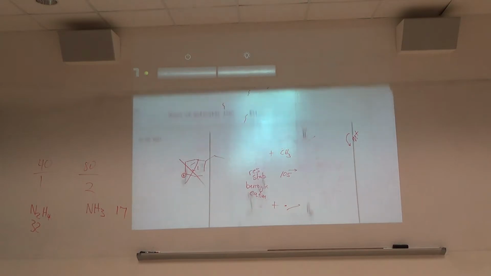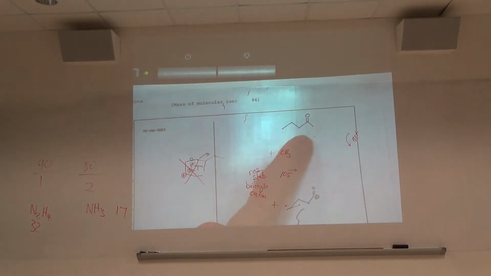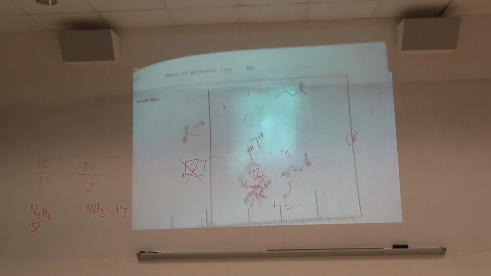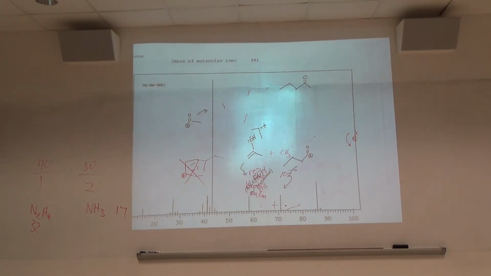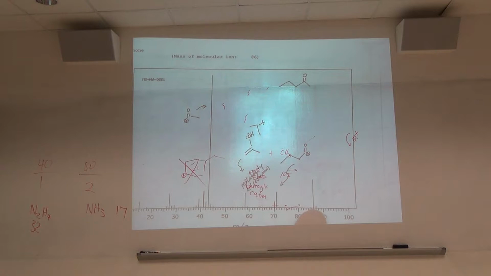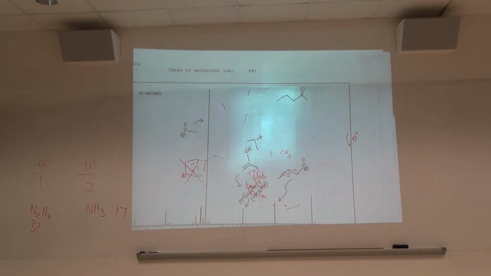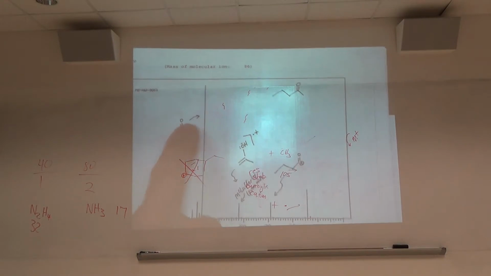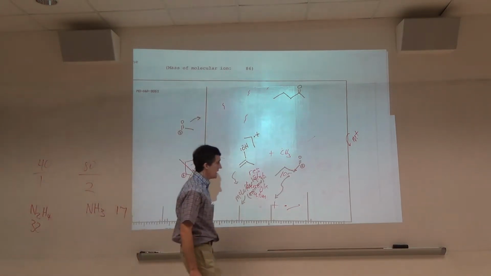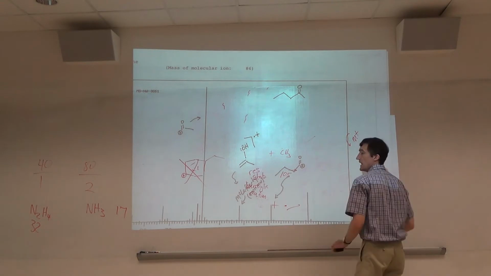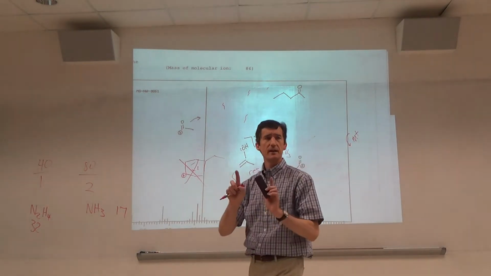Okay, let's look at carbonyl compounds. Molecular weight 86. We actually have an 86 over here. The main cleavage peak is here, and I've actually already interpreted, given the structure for it, for this cation. With the benzene rings, where do we put cations?